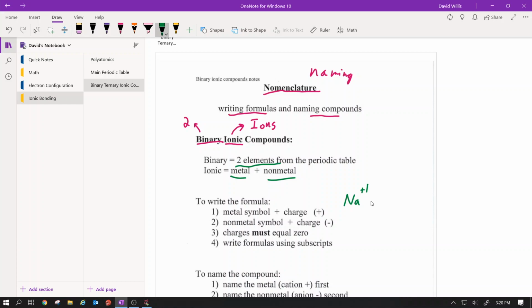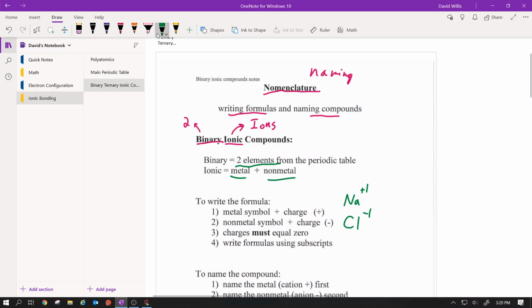Then I'm going to write our non-metal symbol, chlorine. What is its charge? It has 7 valence electrons, which means it will gain 1 more, and when it gains 1 electron, it will have a charge of -1, an overall negative charge.